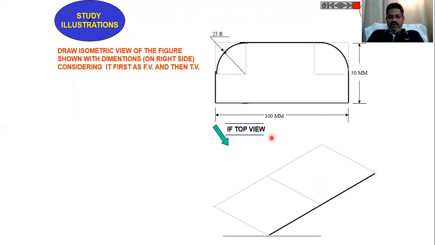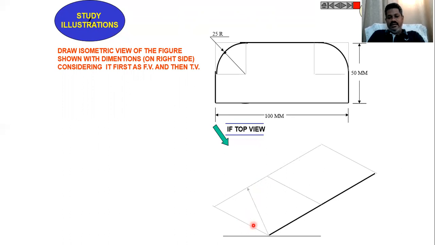Then divide this rectangle into two halves exactly at the mid of this rectangle. Draw a line like this which is parallel to the height. Then join the intersection point from here to the midpoint here.